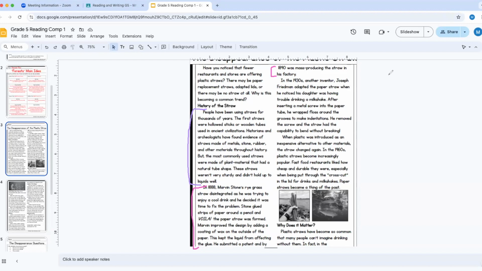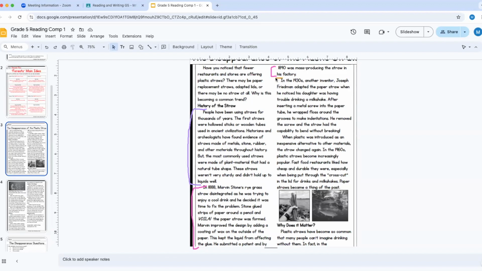Stone glued strips of paper around a pencil, and voila, the paper straw was formed. Stone improved the design by adding a coating of wax on the outside of the paper. This kept the liquid from fouling the glue. He submitted a patent and by 1890 was mass producing the straw at his factory. Thank you.